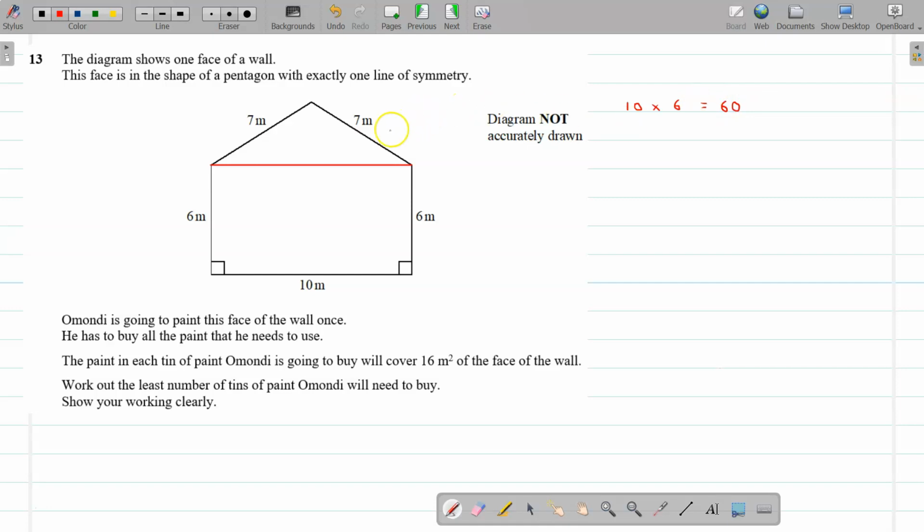Now the other part of it is the roof, and I need the height of that roof really, because I have the sloping sides. So if I put a line down there, it says it's symmetrical. This is going to be 5, and this is going to be 5 as well.